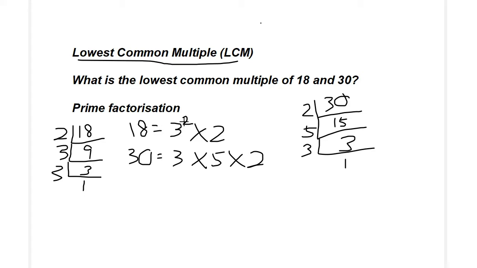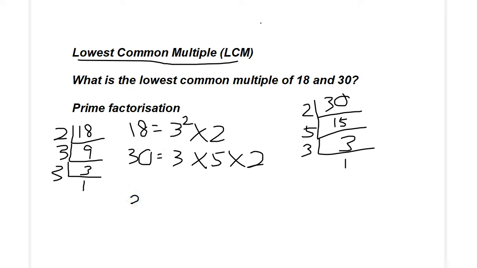Okay, so here's the part where we can find the lowest common multiple from this. We will take the highest power of each base. This is the base, this is the index, or you can say this is the power of 2. So we will get the highest power of each number. You see 3 here, we will compare with 3 squared. 3 squared is higher because one is 3 to the power 1 and this is 3 to the power 2.